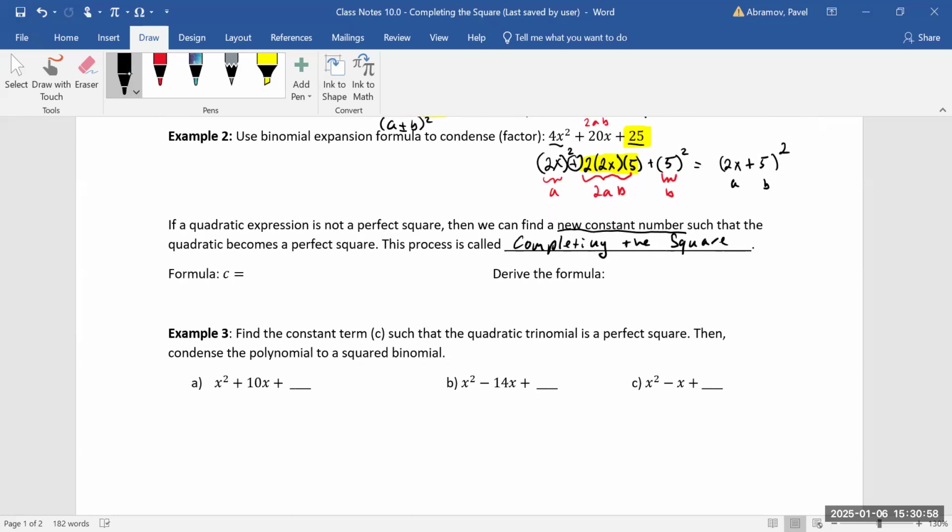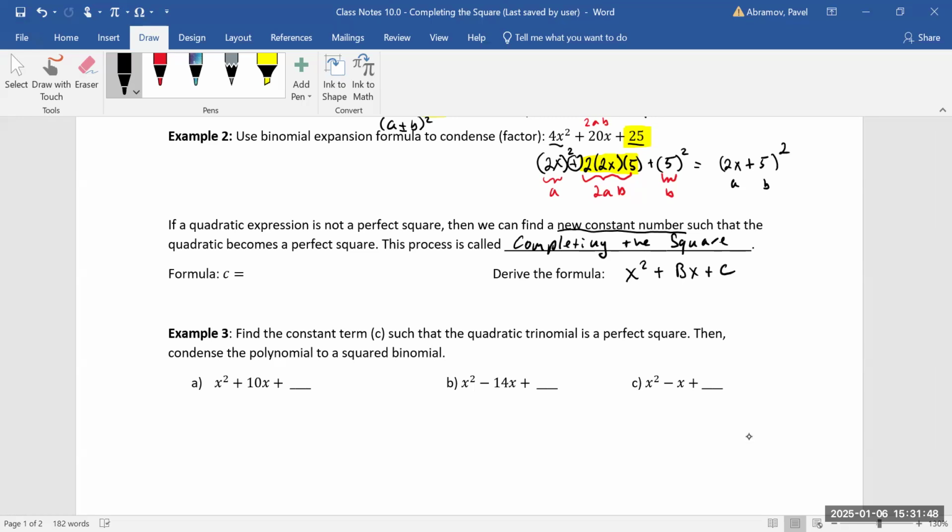So in order to do this, let's say we have some kind of expression in the form x squared plus bx plus c.